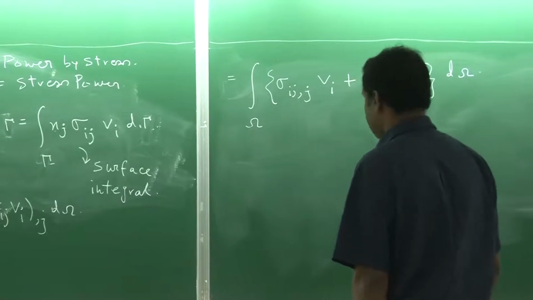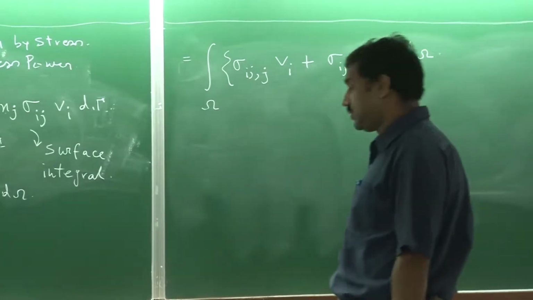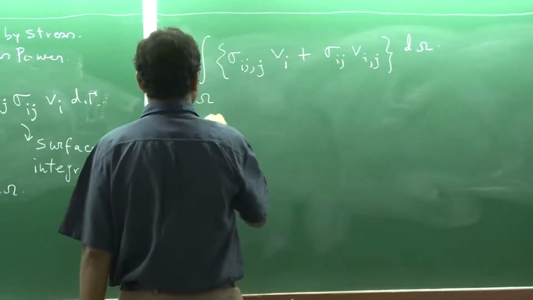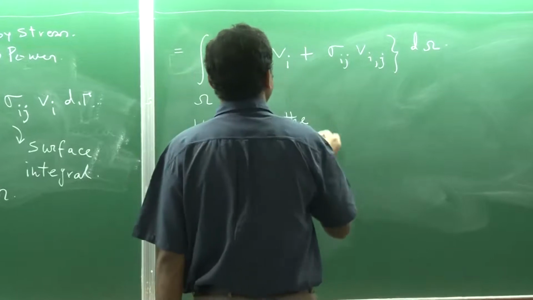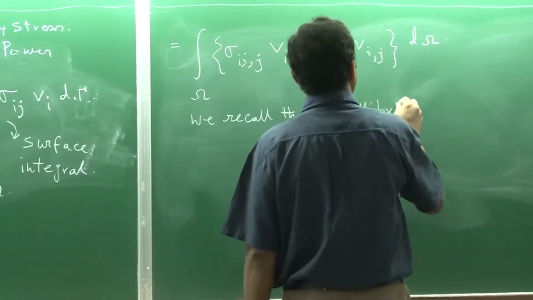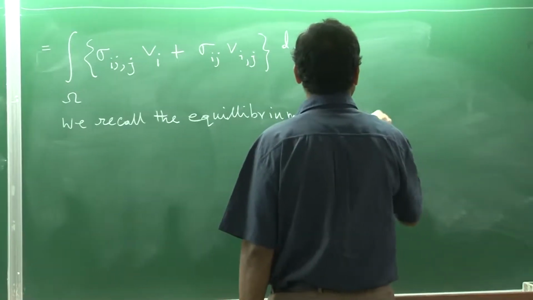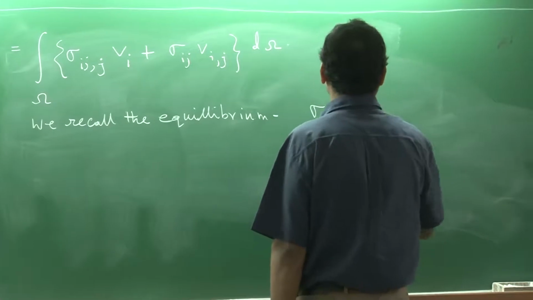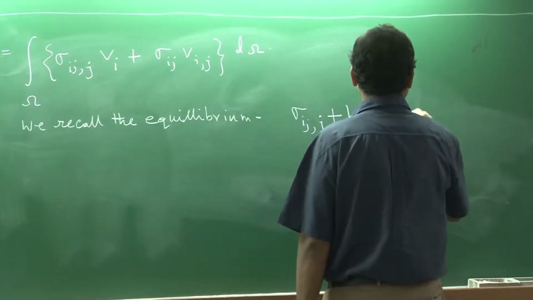Now, you see one thing: we are considering the static case, right. So, we recall the equilibrium equation. What was the equilibrium equation? If you can recall, sigma_ij comma j plus b_i equals rho u_i double dot, right.